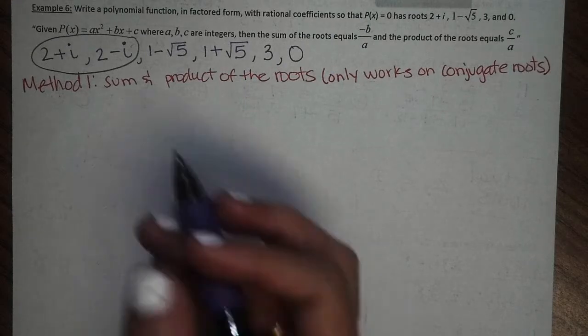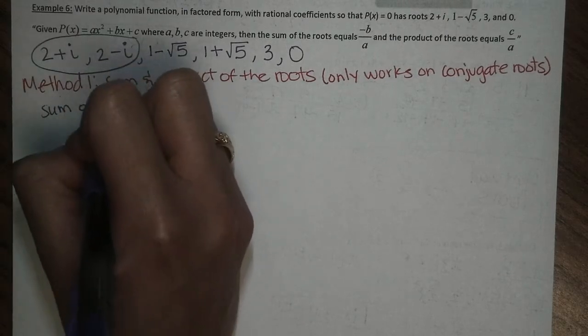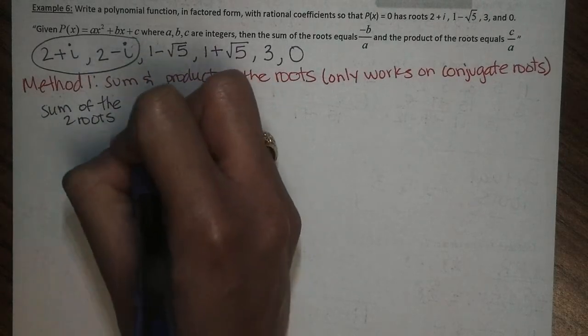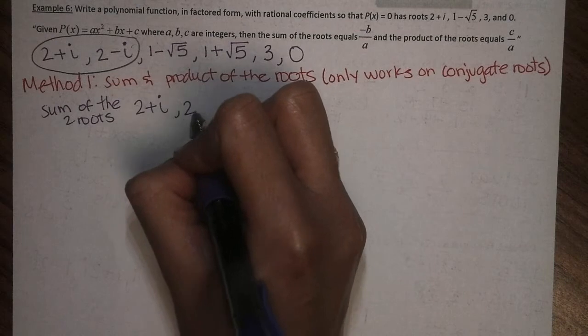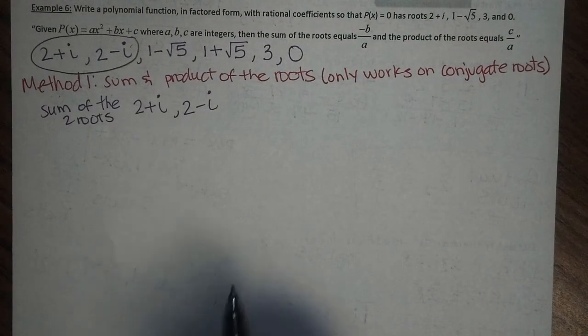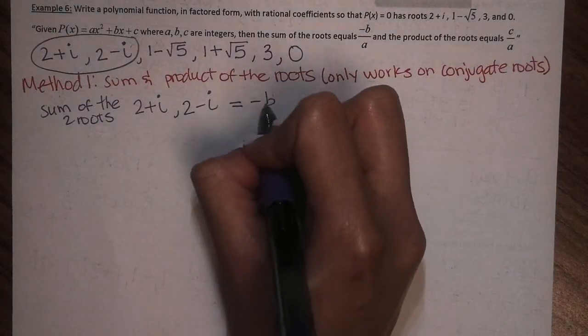Let's try to find the sum first. Sum of the 2 roots. So here are my 2 roots: 2 plus i and 2 minus i. So the sum of these 2 roots should equal negative b over a.